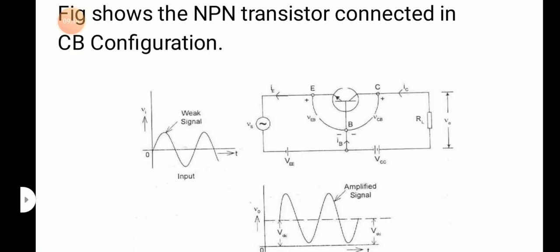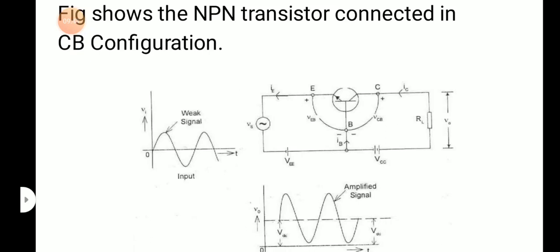The saturation and cutoff regions combined are used for switching purposes. The meaning is the transistor can operate as a switch. If you switch the supply voltage between the saturation region and the cutoff region, then it acts as a switch.